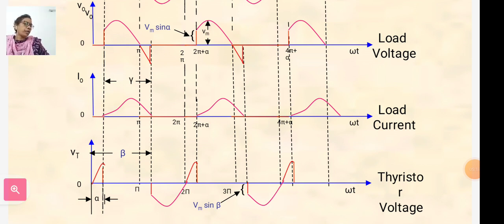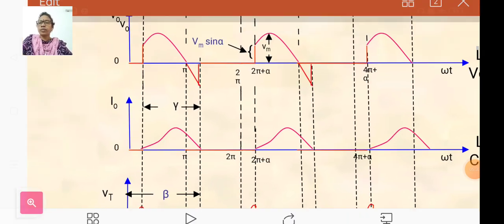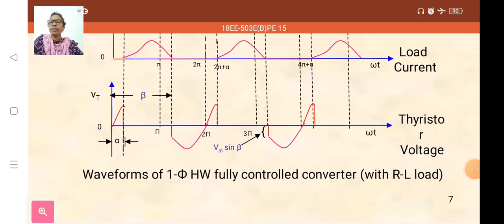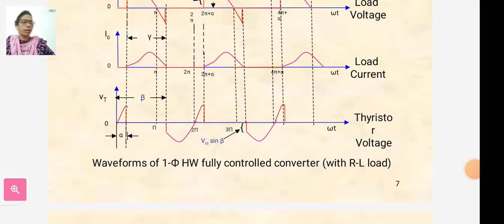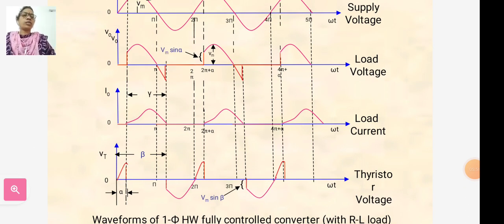At some angle beta greater than pi, I0 reduces to 0 and the thyristor is turned off as it is already reverse biased. After omega t equal to beta, the output V0 is equal to 0 and I0 is equal to 0. At omega t equal to 2 pi plus alpha, the thyristor is triggered again, V0 is applied to the load and the load current is repeated.